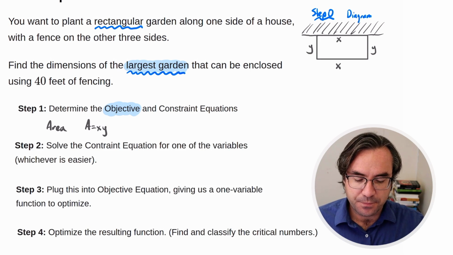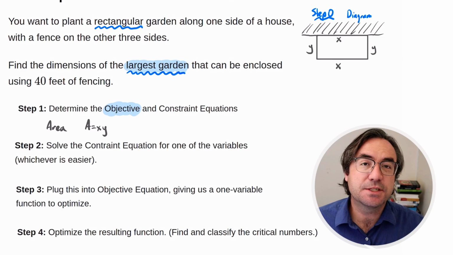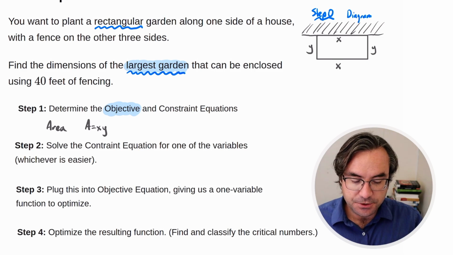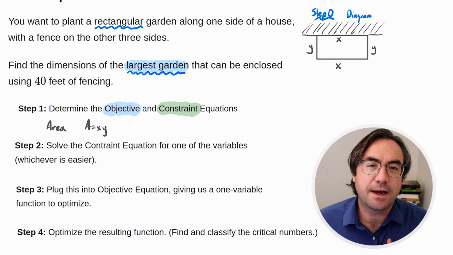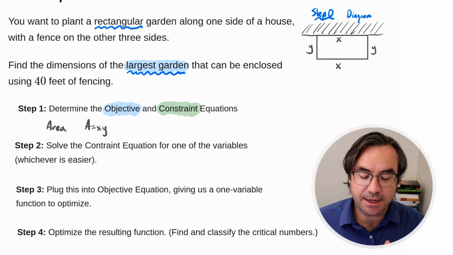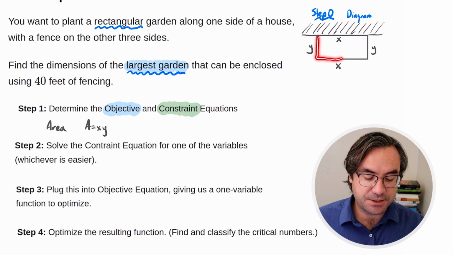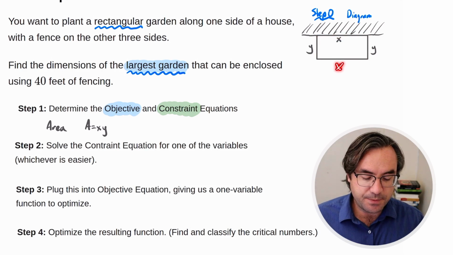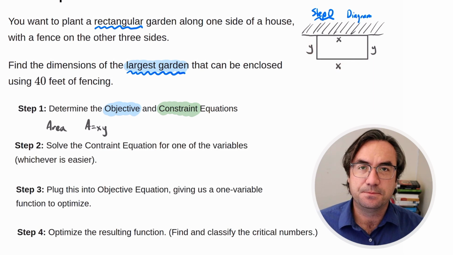All right. So now we want to find our second equation, and this is the constraint. We want to go back through the problem and look for wording that puts some limitation on what X and Y can be. If we didn't have any constraints here and wanted to make this garden as large as possible, we would just make X and Y as large as possible.